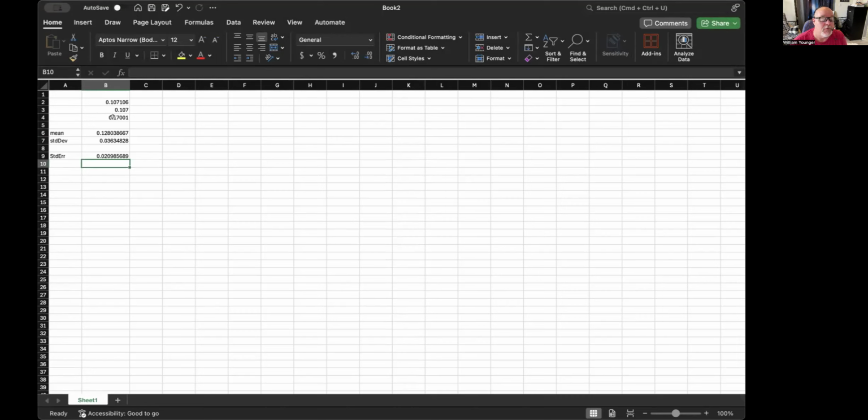It was 0.10701, I think. But either way, assuming those are the values, then all I had to type here was average B2 to B4, and that gave me the average that I had computed. And all I had to do to figure out the standard deviation was type in equals STDEV B2 to B4, and that gave me the standard deviation that I just told you about.